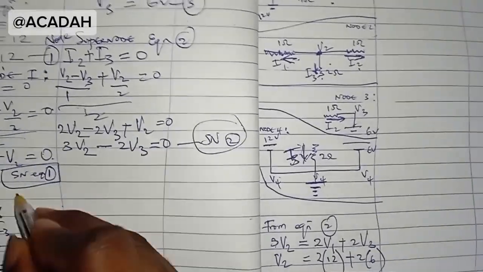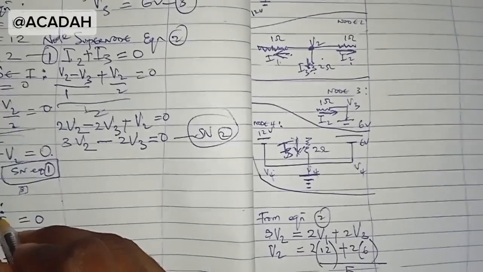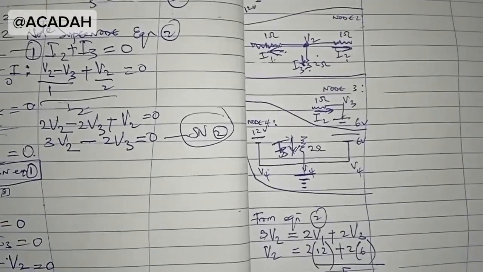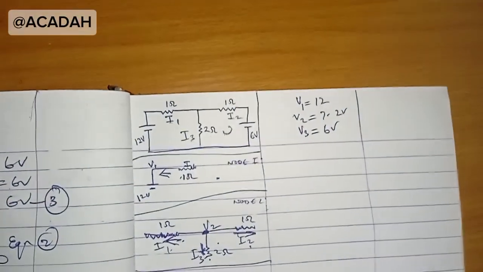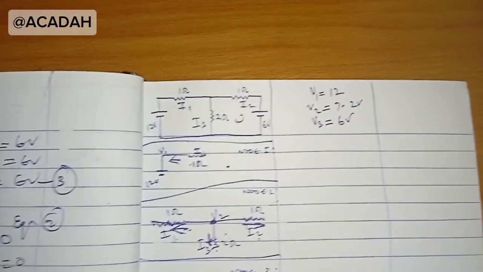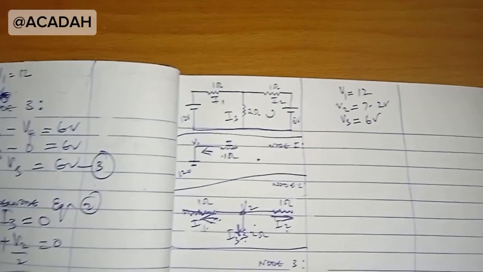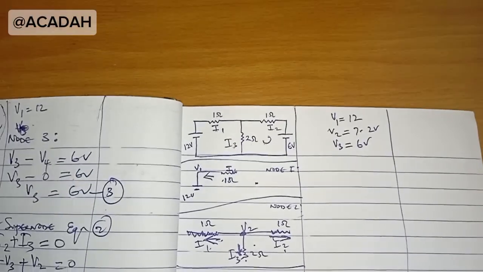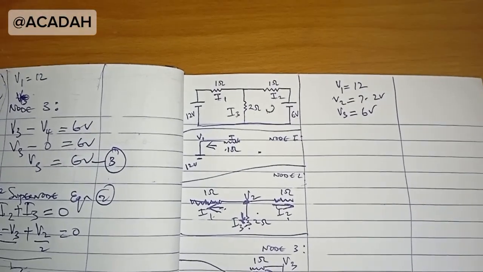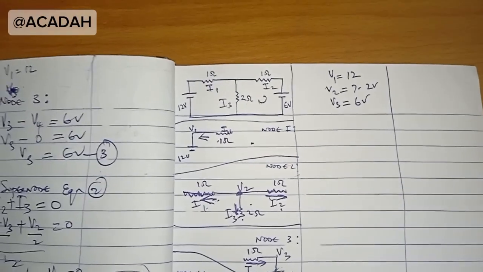It will give you an answer close, but you find that you get like 8, so it will be a bit higher. That is why I normally advise my students, check the node that thing falls into. If I have to get V2 here, I have to put it together with the second super node in order to solve anything. So if it's in a node that doesn't have super node, make sure you are using the node to solve for it.